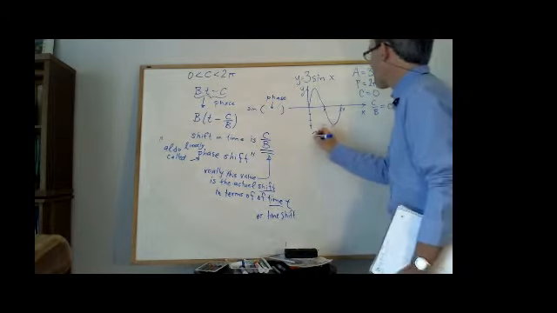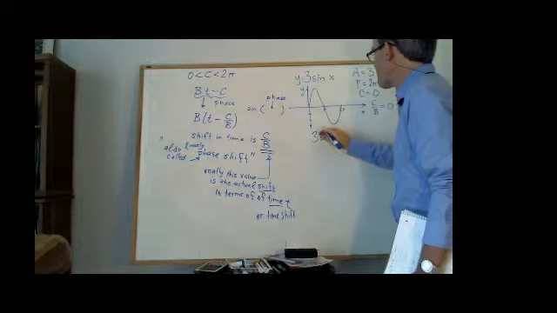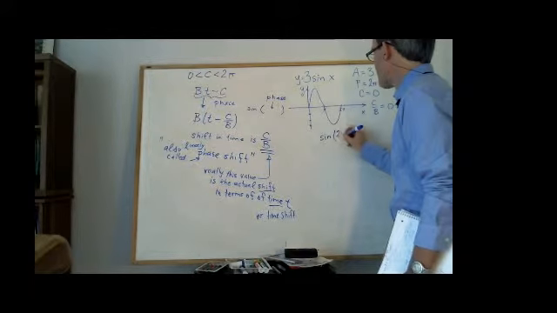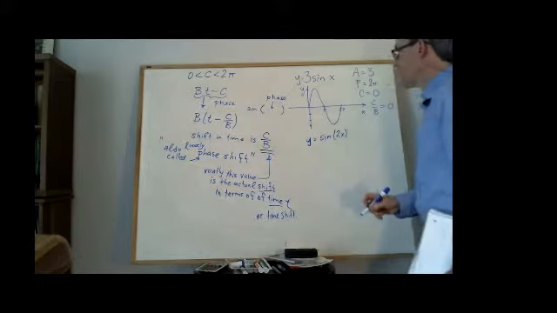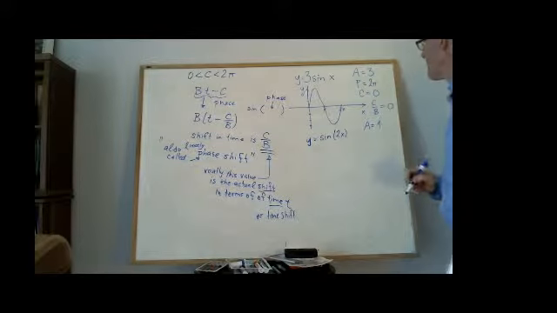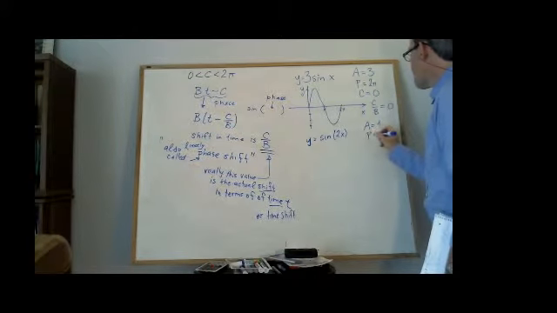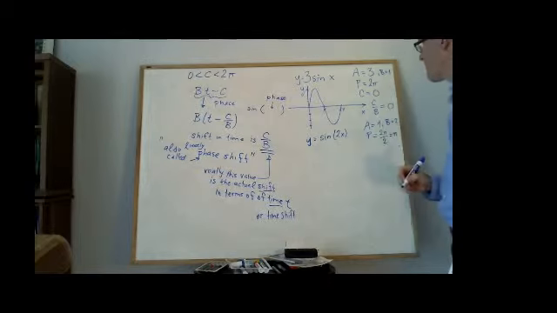And what if you have sine of 2x? y is equal to sine 2x. Okay, so what that's saying is the amplitude is 1, and the period now is 2 pi over 2, since B is equal to 2 here; there it was equal to 1. So the period is now pi.